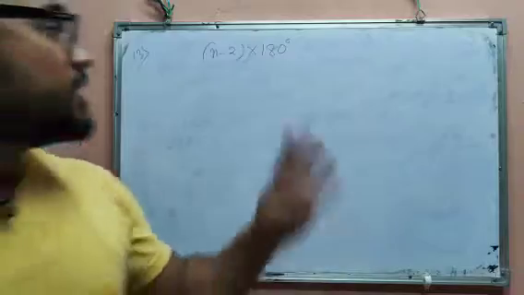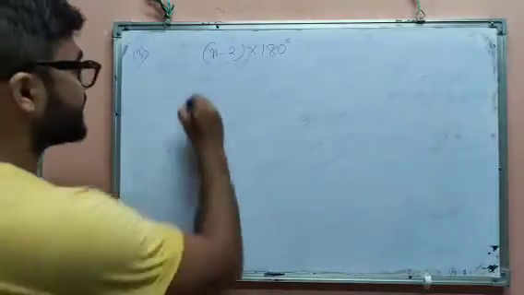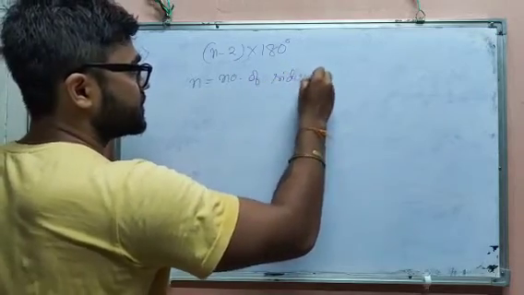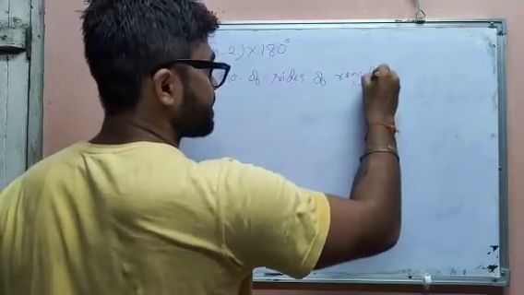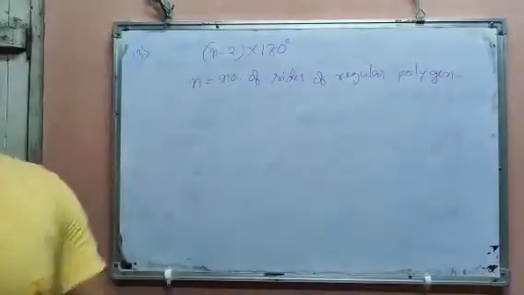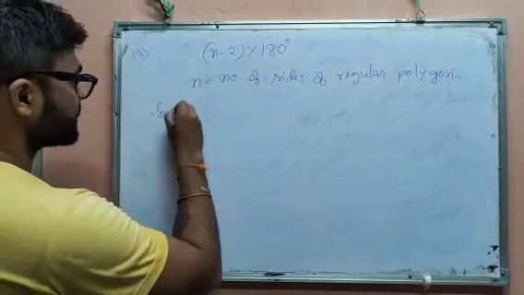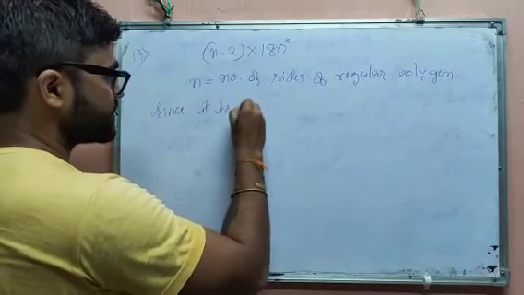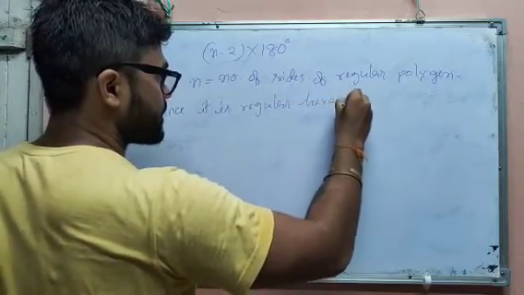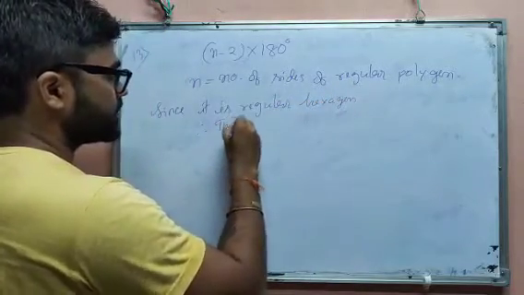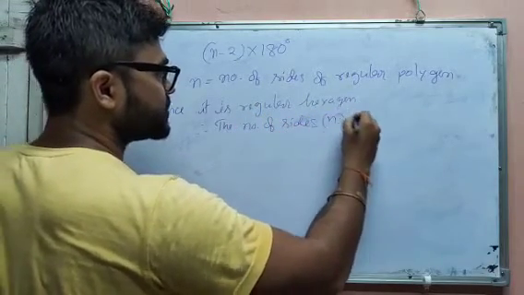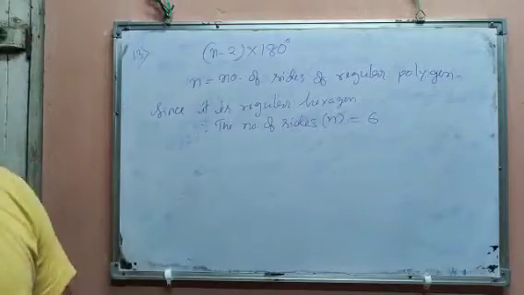I explained earlier that n is the number of sides of the regular polygon. Now it is a regular hexagon, therefore the number of sides n equals 6.